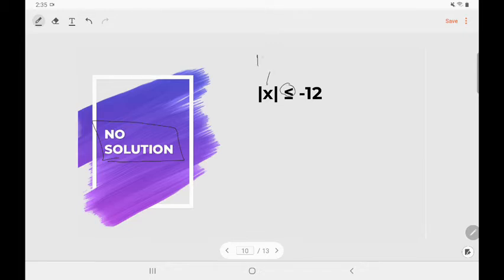The absolute value of 10 is positive 10. The absolute value of -10 is positive 10. Absolute value of -1,000 is a positive 1,000. Notice that each time I take an absolute value, the result is positive. So I have a positive answer.